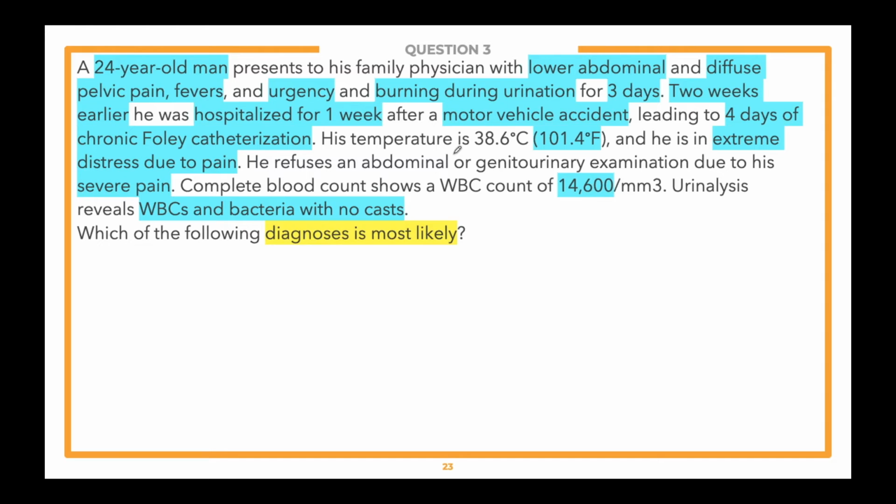So a lot of presenting signs and symptoms, but you definitely want to take note of all of those because you may have to combine them to come up with what's going on here. We're also told how long it's been going on. It's been going on for 3 days, so you definitely want to make note of that. We are given some earlier medical history, some vital signs, and also some laboratory findings.